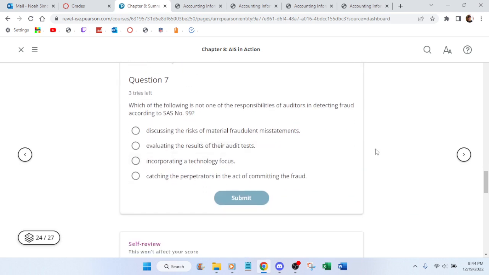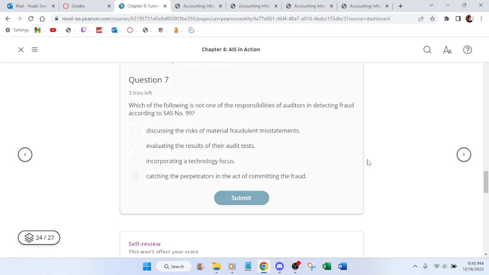Which of the following is not one of the responsibilities of auditors in detecting fraud?